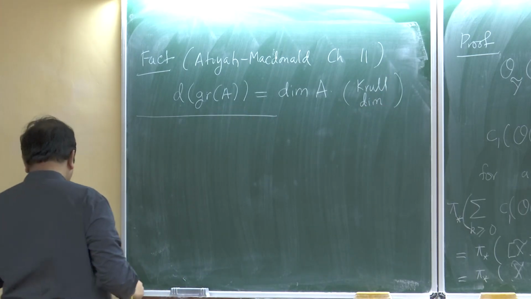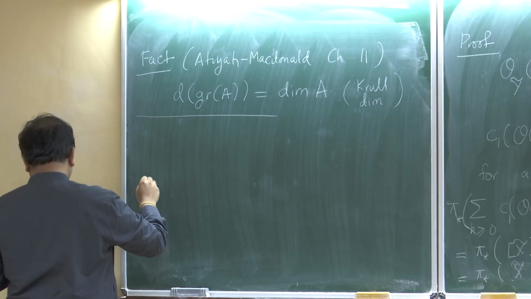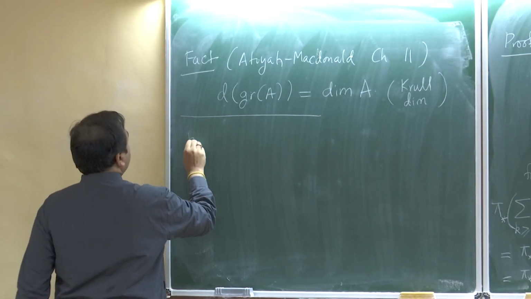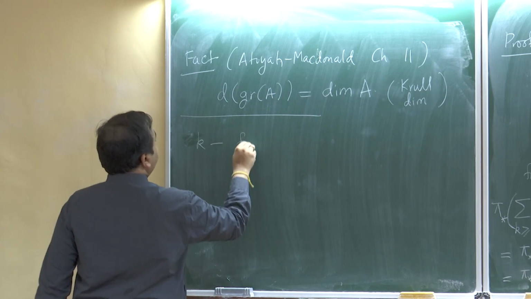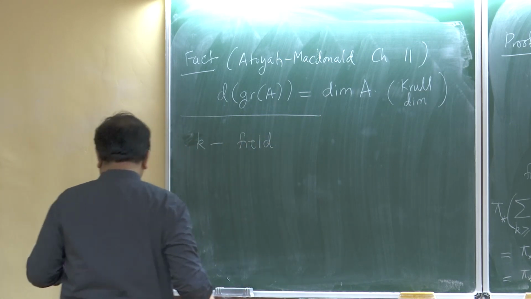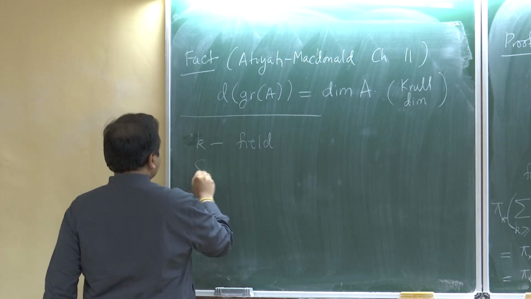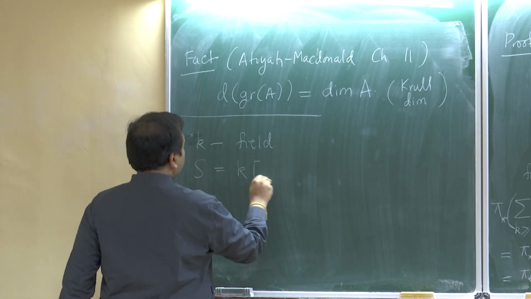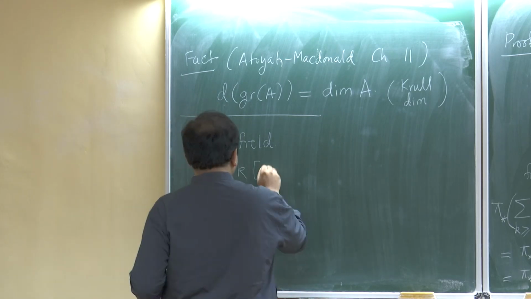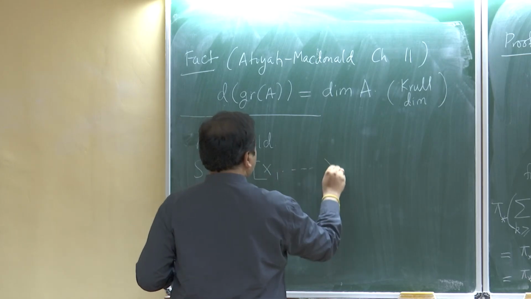Okay, so now we can also apply this for varieties. So k is a field, and let's say that S is the polynomial ring k[x_1, ..., x_n].